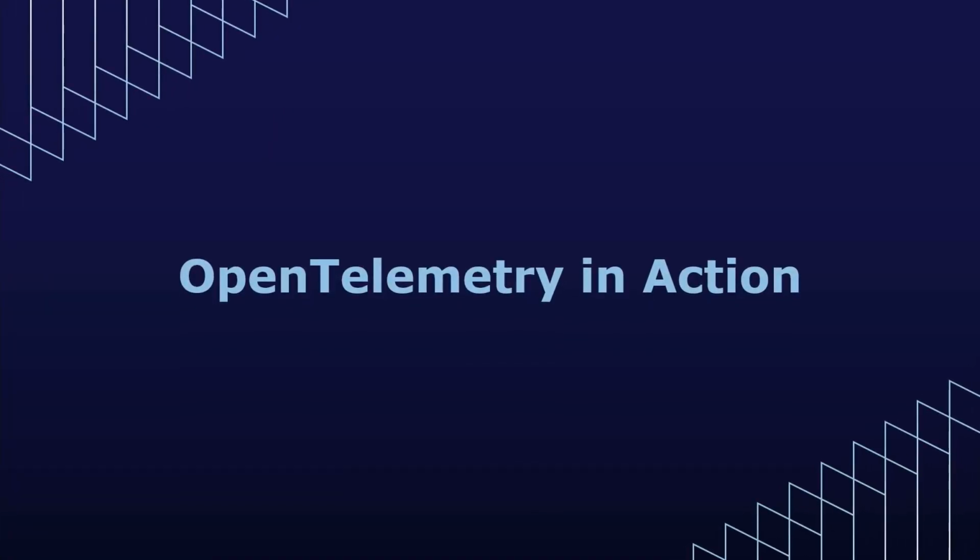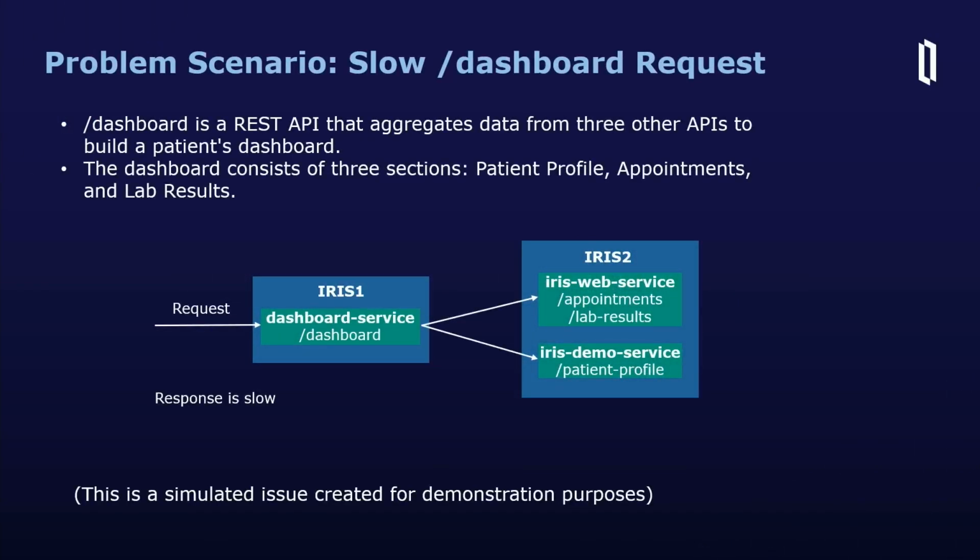So next, I will use a real example that we simulated to show you how we use OpenTelemetry to debug. This is a simulated issue only for demonstration purposes. So I will talk about the problem. The problem is there is an API called dashboard, and we find the request is slow.